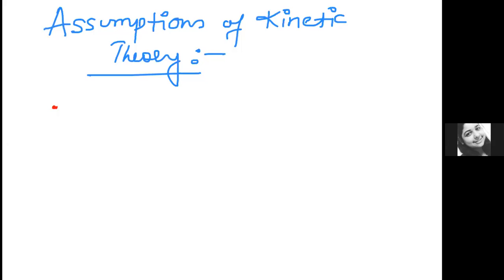And the molecules of these gases are identical, they are rigid, and they're very small in size. Okay. So the first point is already mentioned in our previous page, that is they are all identical. And they are rigid.